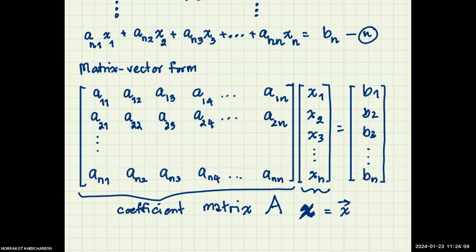A vector is a matrix which has only one column or one row. In general, if you have one column, you call it a column vector, but in short, they call it a vector. So you know that this is the vector X. And vector X has n rows and one column, as I mentioned. And the right-hand side vector here, I call it vector B.